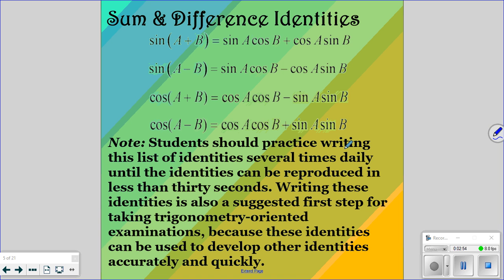Writing these is also suggested as a first step for taking trig-oriented exams, because these identities are used often and you use them to develop other identities. So they say write them several times a day until you can get them within 30 seconds. I don't care what method you use, but you do have to learn these.